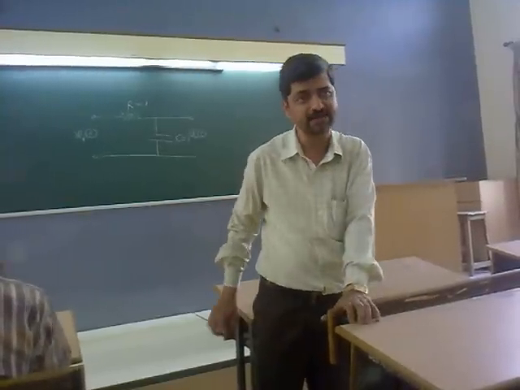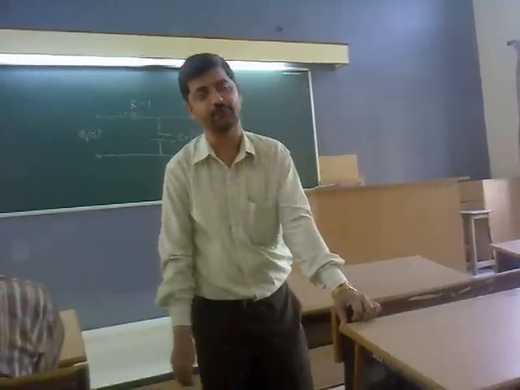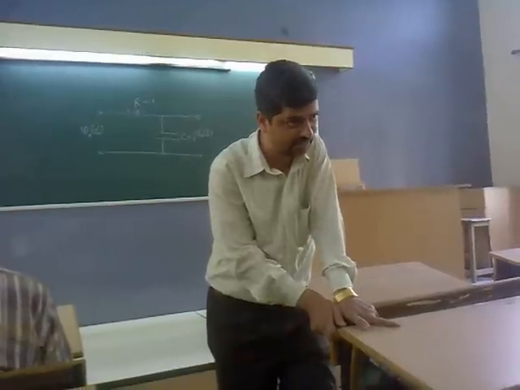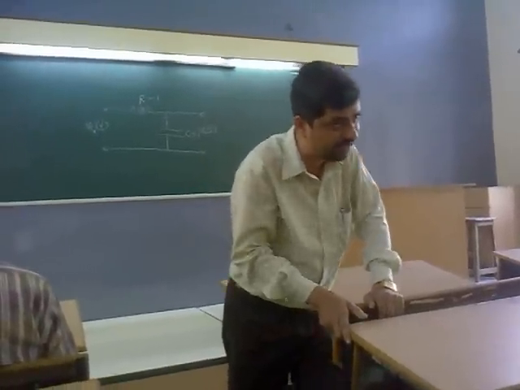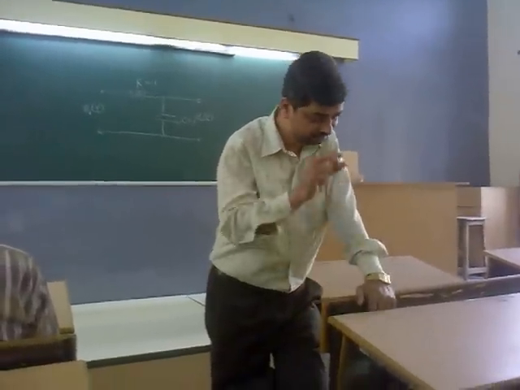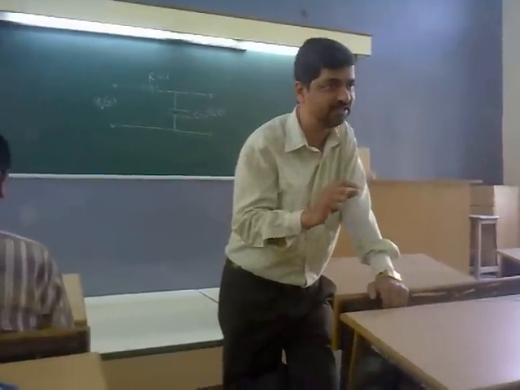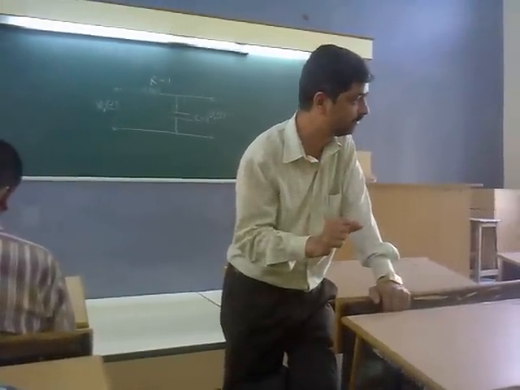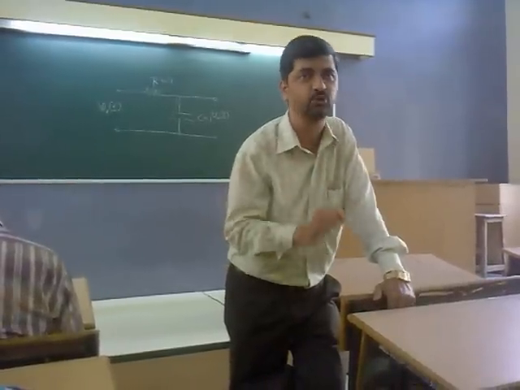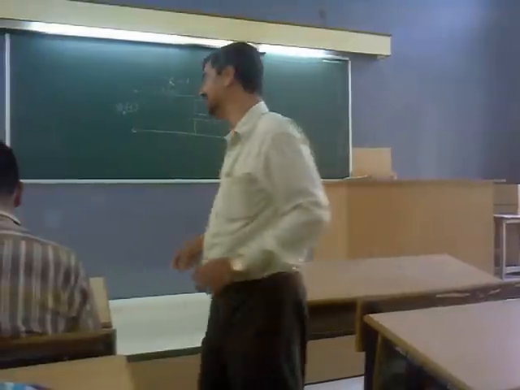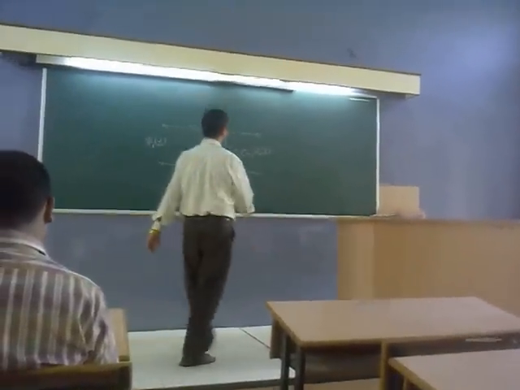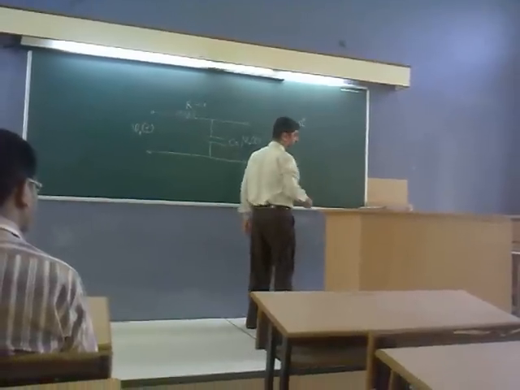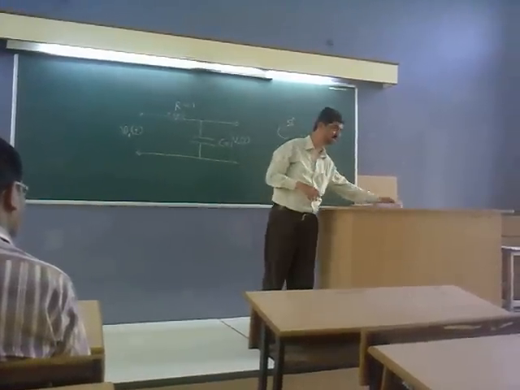I am sure everybody must know e raised to j theta as cos theta plus j sin theta, where e raised to j theta is a single representation in polar form of a two-dimensional complex number, and that can be extended to e raised to st. So e raised to st is a very wide class of signals, two-dimensional in nature.